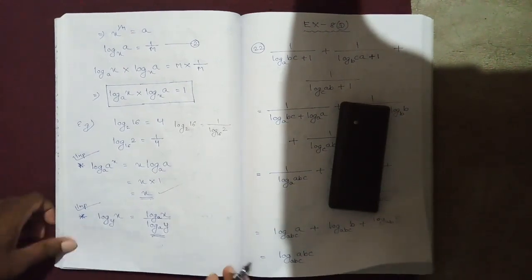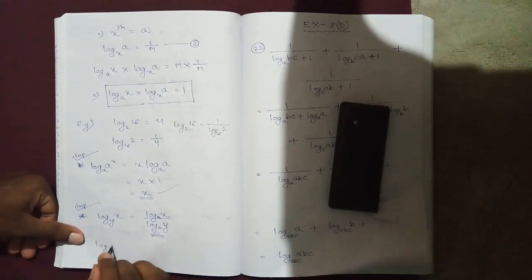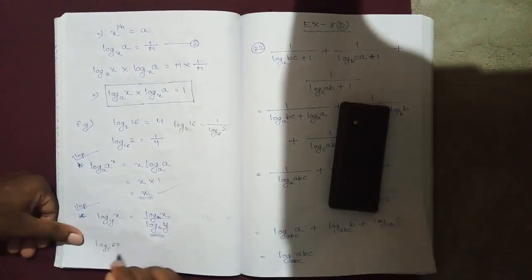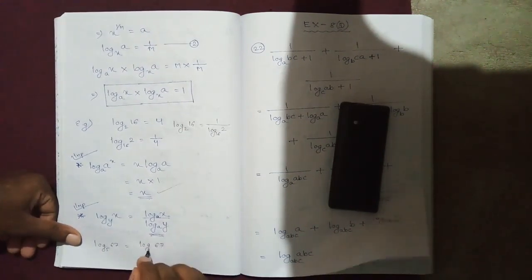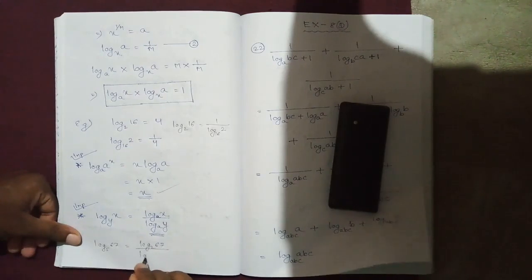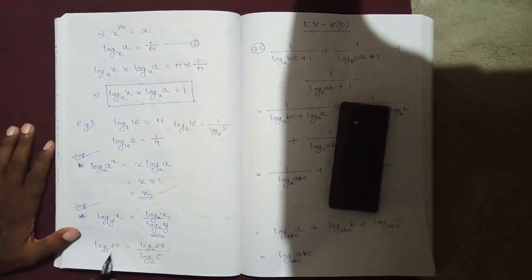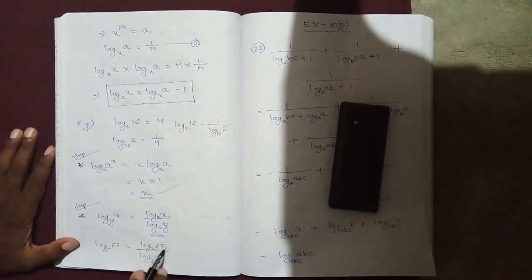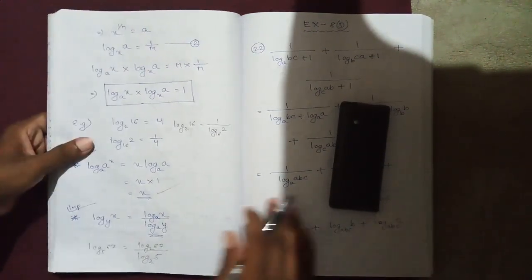For example, log 67 at the base 5 is equal to log 67 at the base 2 by log 5 at the base 2. You can introduce a new base.